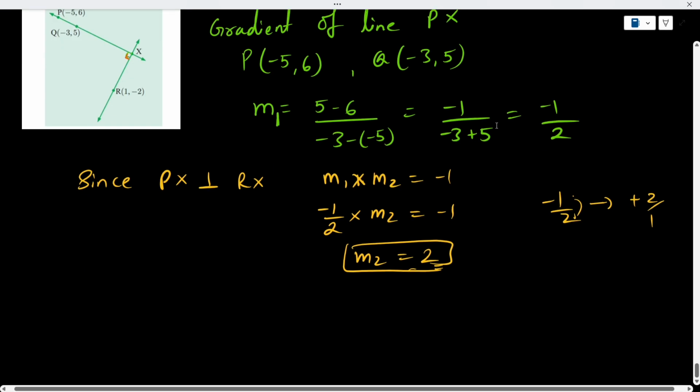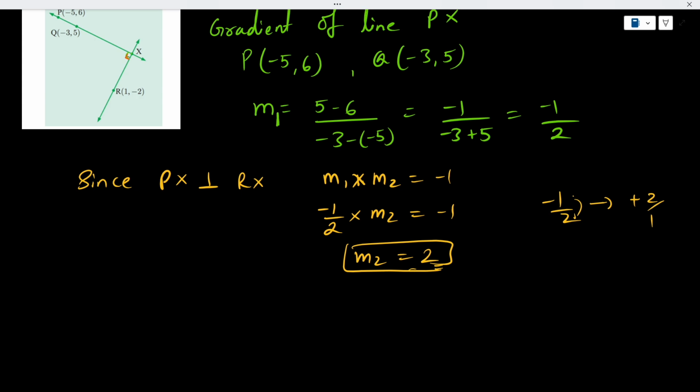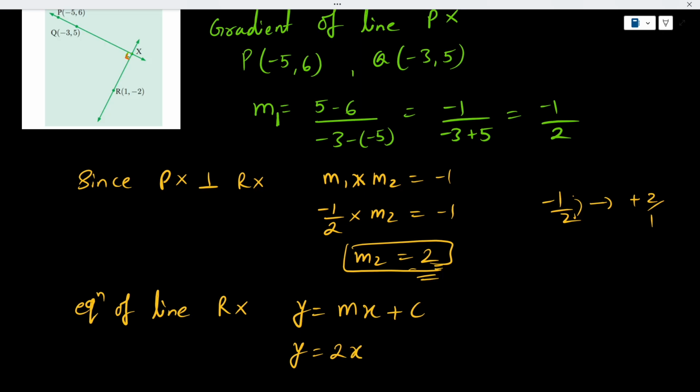So how do we get the equation of the second line? Here I can take the equation of line RX, which is y equals mx plus c, the standard form. But while substituting, I am going to substitute 2 because this is m2. So y equals 2x plus c. Now how do we get the value of c?